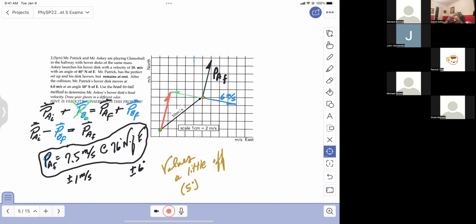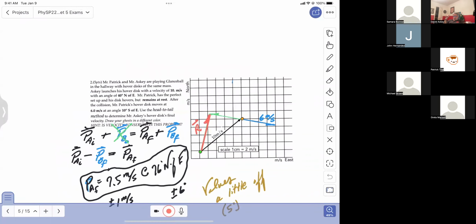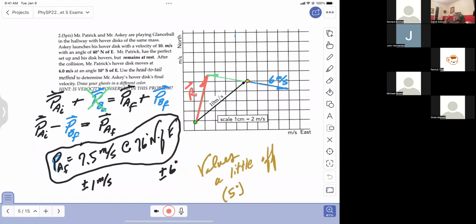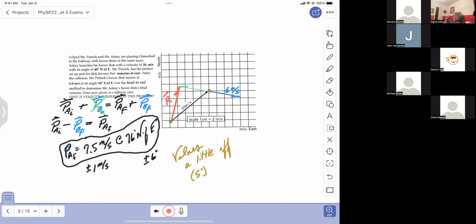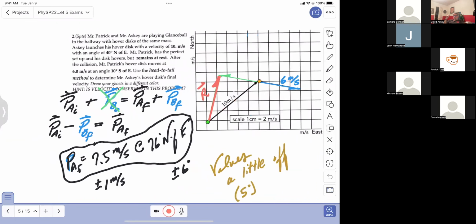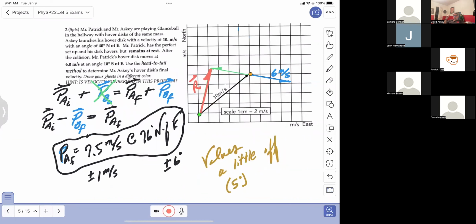Oh, Patrick's asking something. Would subtracting the P_A be counted as wrong? No. Actually, yes, it would be. Well, let's see now. You would get the opposite answer, right?